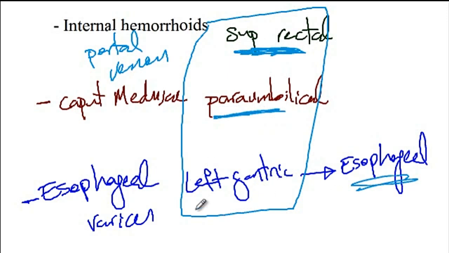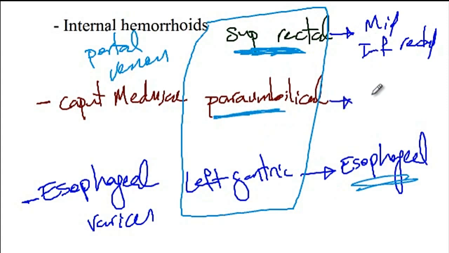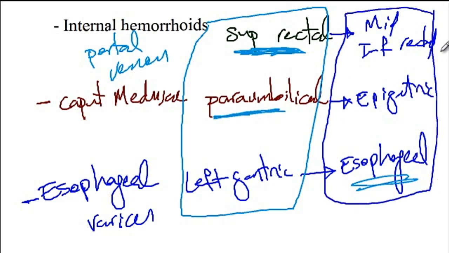And then I just told you that the left gastric is connected to the esophageal vein, the superior rectal is connected to the middle and inferior rectal vein, while the paraumbilical is connected to the superior and inferior epigastric veins. And so these veins are part of the systemic venous system, while the superior rectal, paraumbilical, and left gastric are part of the portal venous system. And that concludes our discussion of portal hypertension.